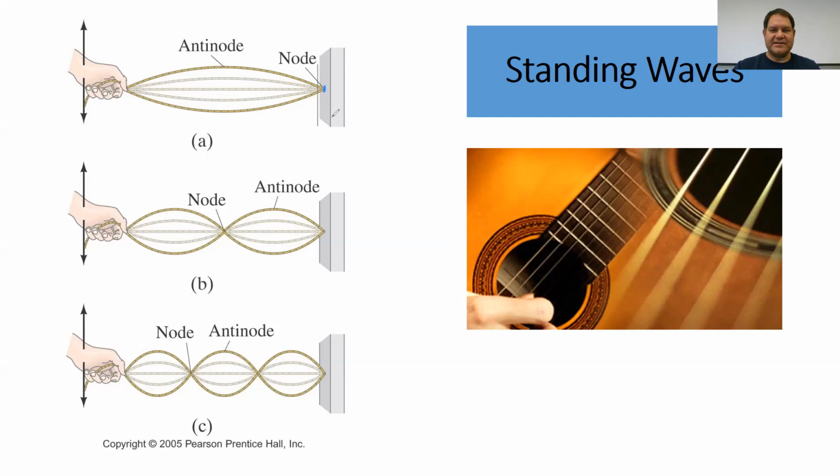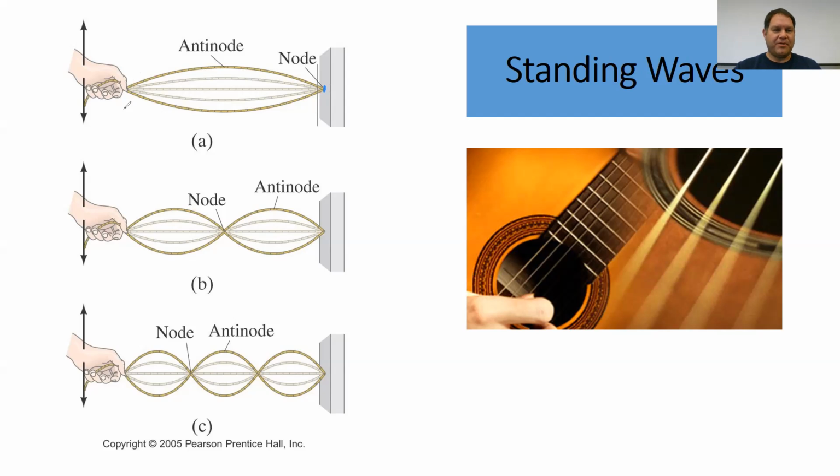In order to create a standing wave, you must have one side of your rope absolutely tied down or in a fixed position so it doesn't really move. On the other end is going to be some type of device that creates oscillating motion. It could be, in this case, your hand.